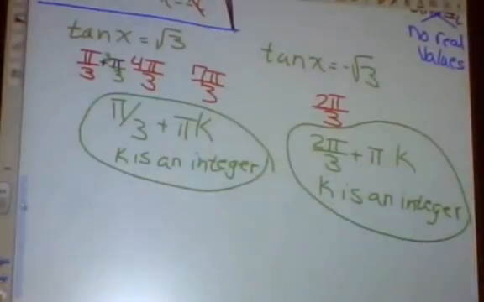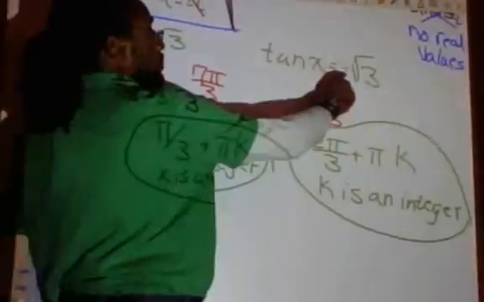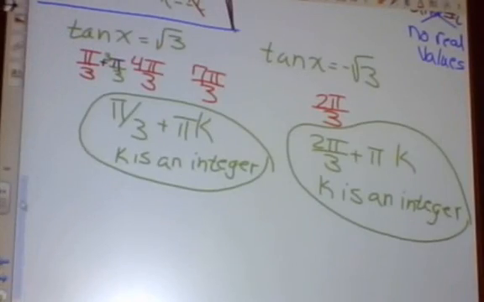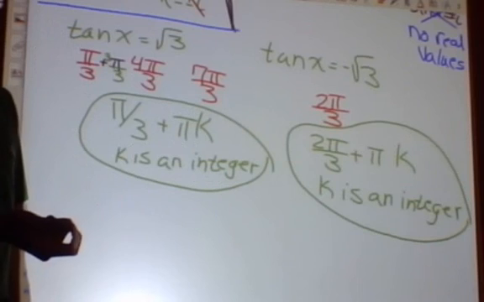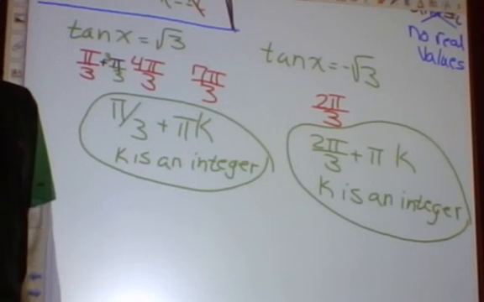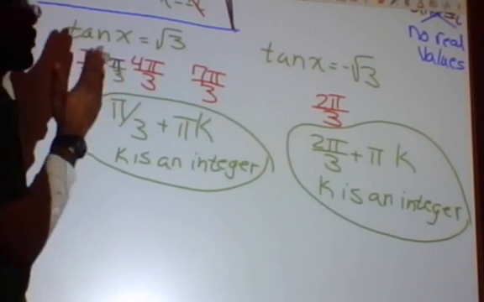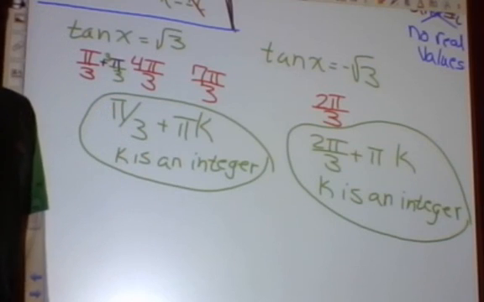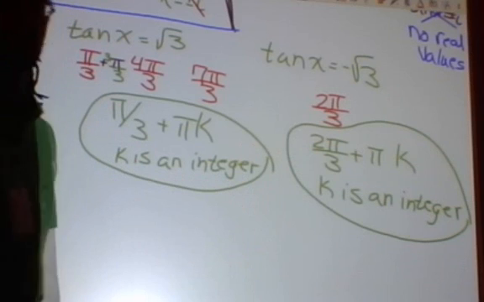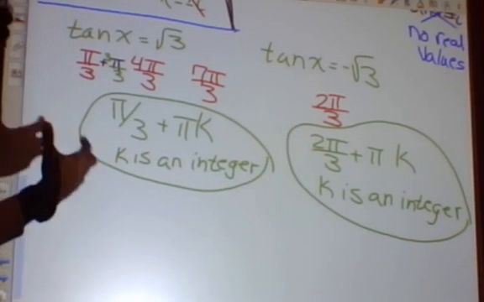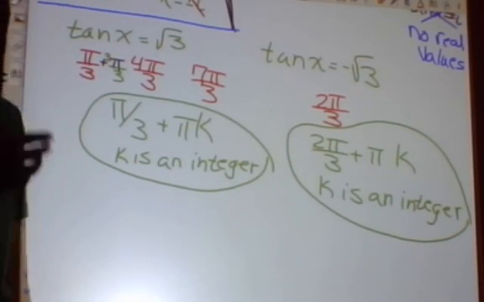Look at where it starts first. Where would that tangent x be a negative square root of 3? Where would the first positive radian measurement be? And that's at 2 pi over 3. Then we look at the next one and see from 2 pi over 3 to that next one what we have to add to it. In this case, once again, it's pi. So we do 2 pi over 3 plus pi k, which gives us the next one.